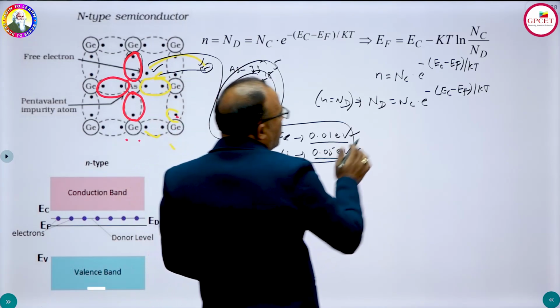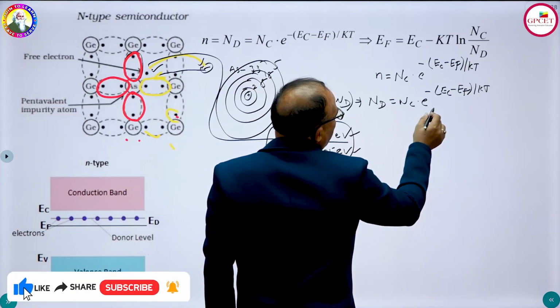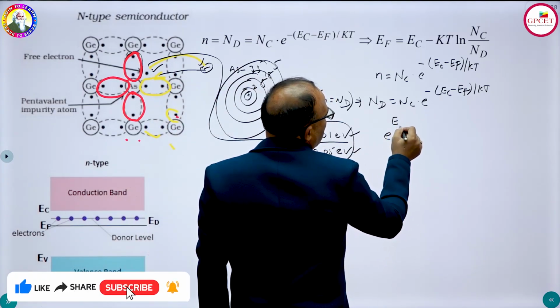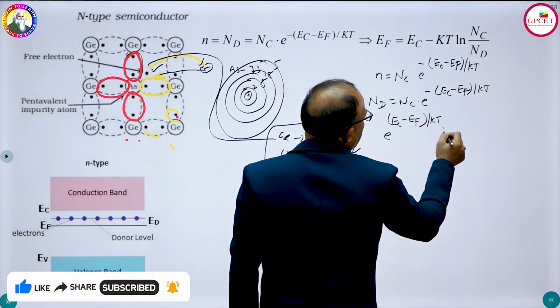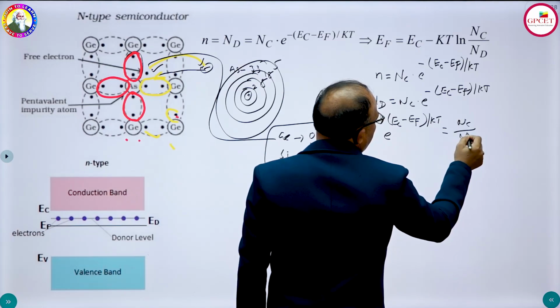Similarly, you can bring this to this side, and you will get e power (Ec minus Ef) divided by Kt is equal to Nc by Nd.